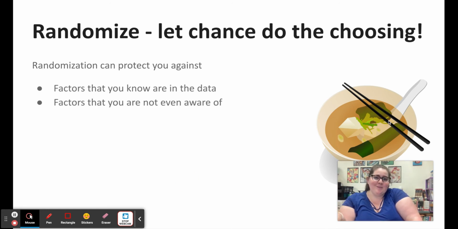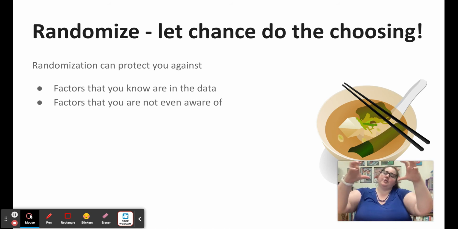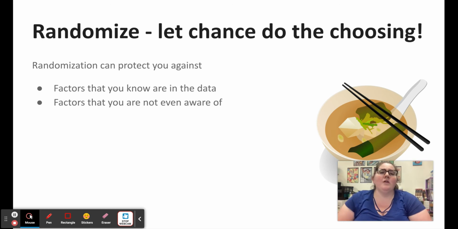I'm going to try to describe this quickly, but there's a little photo of a bowl of soup over here. One of our AP statistics textbooks used this analogy of soup. So if we're making a big pot of soup for a bunch of people and we want to taste test it to make sure it tastes okay, what you might want to do before you take a taste test is stir the soup. Stirring the soup makes sure that every little bit of soup is coming out to taste more or less like the entire pot of soup.